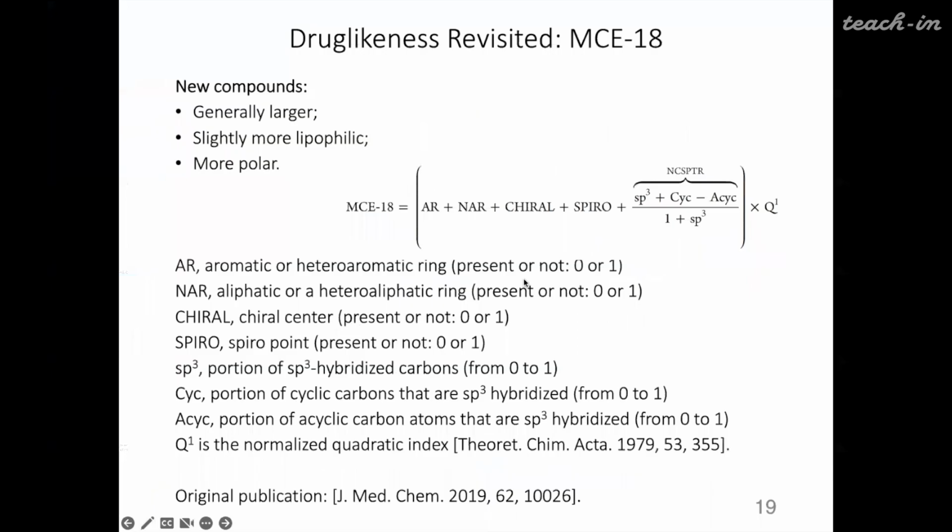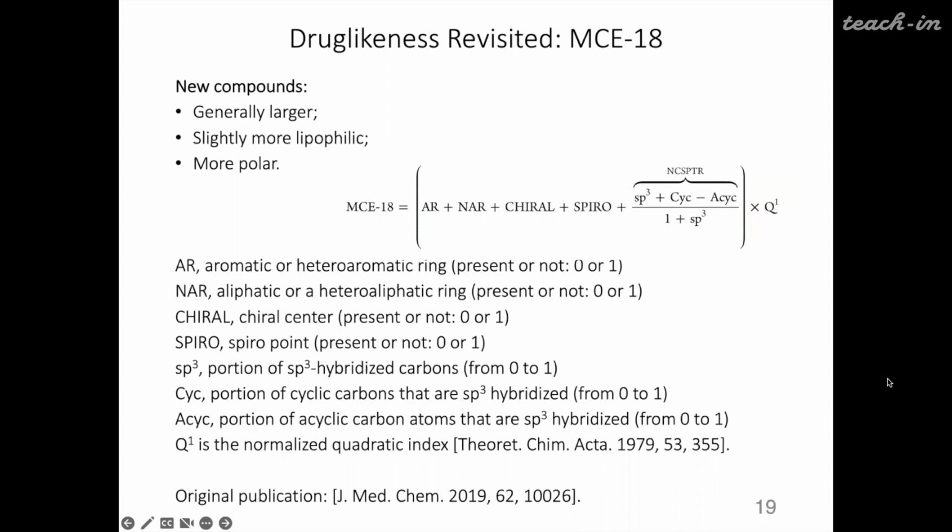So MCE includes the portion of sp3 hybridized carbons, cyclic carbons, and also it includes the so-called normalized quadratic index.